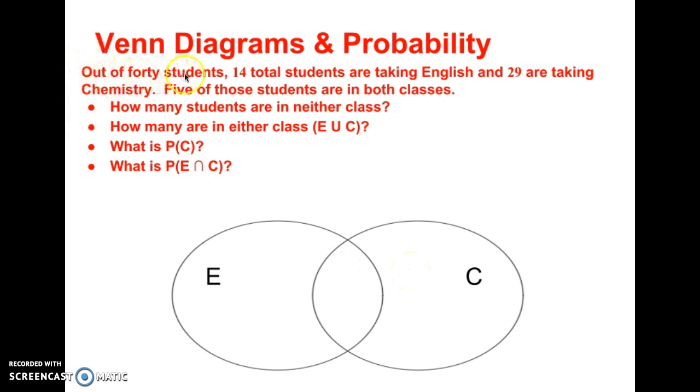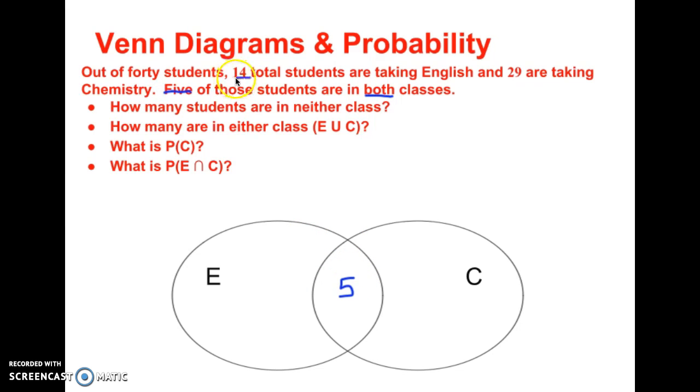So it says out of 40 students, 14 total students are taking English, and 29 total students are taking chemistry. 5 of those students are in both classes. So down here I have this circle for English, this circle for chemistry, and in here is where they overlap. And since there are 5 students in both, I'm going to put a 5 in there.